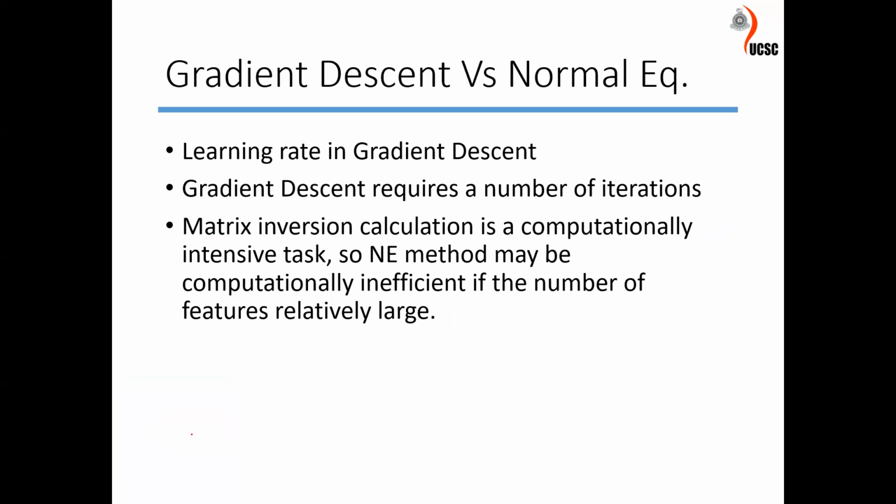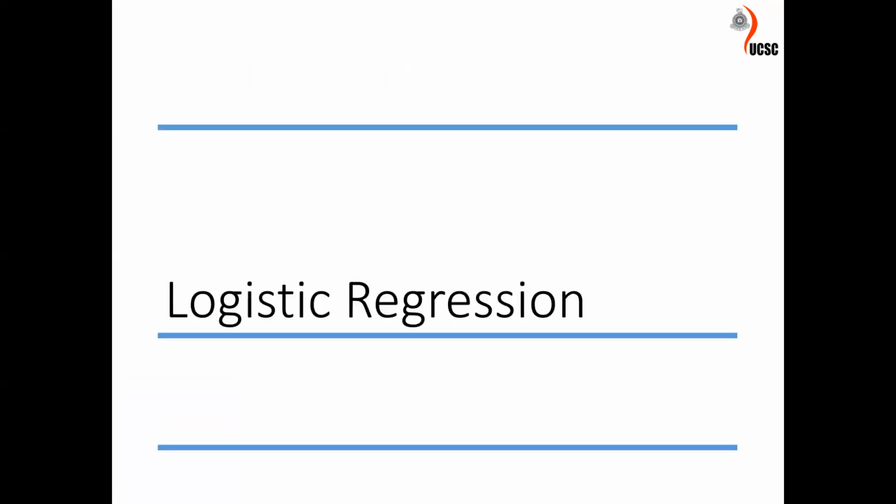Okay. Now we're going to discuss logistic regression. Up to now, we discussed univariate linear regression. That means we have one variable, like only the GPA, right? So basically we can use the gradient descent approach.